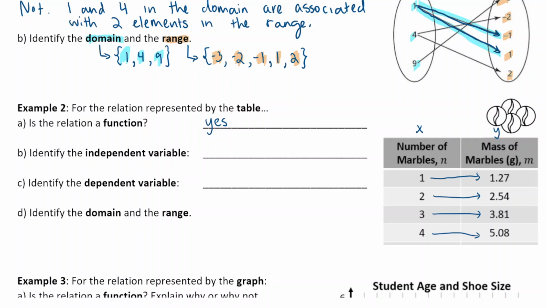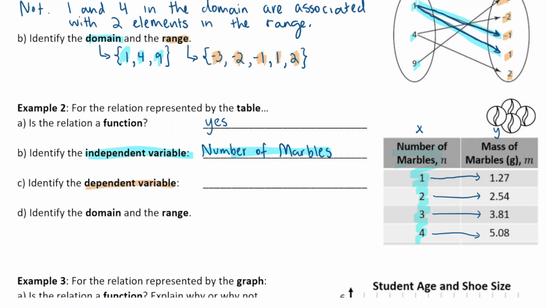The independent variable is the name of the elements in that first set there, so number of marbles. And that's in that first set. I'm going to use the same colors, blue here. The independent variable is always going on the left when we make a table, and it's always going along the x-axis when we make a graph.